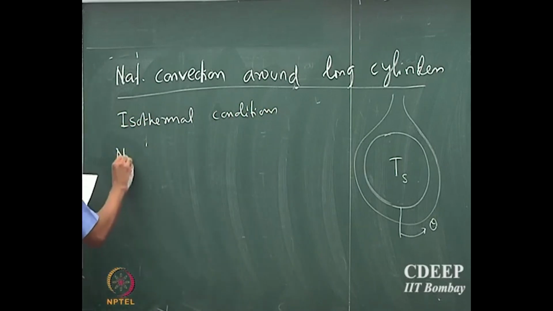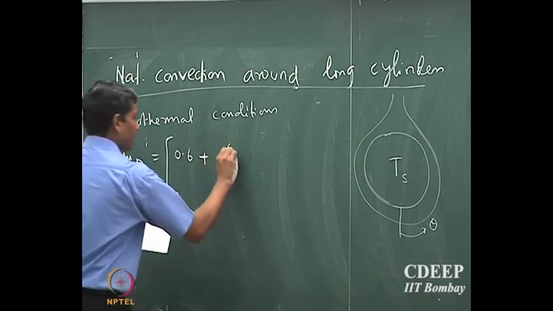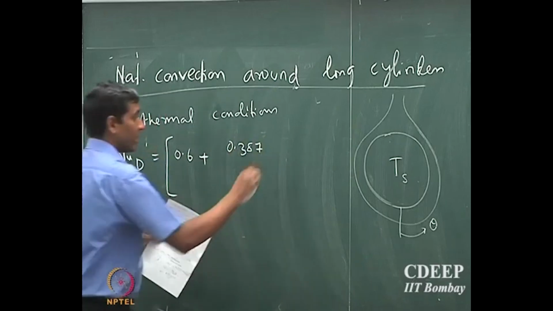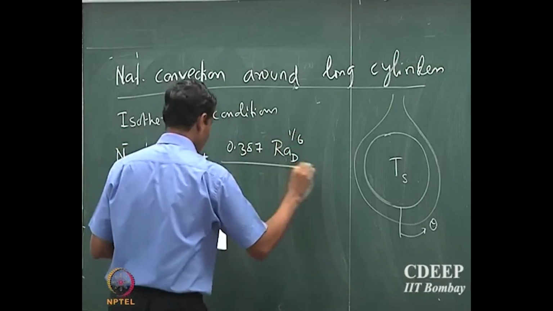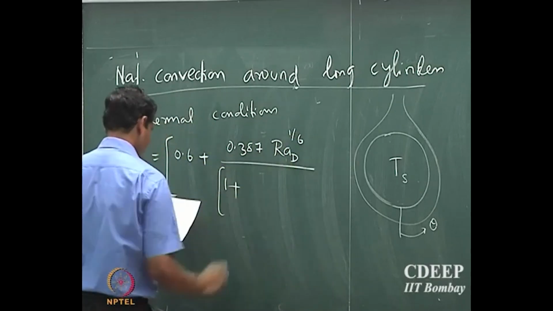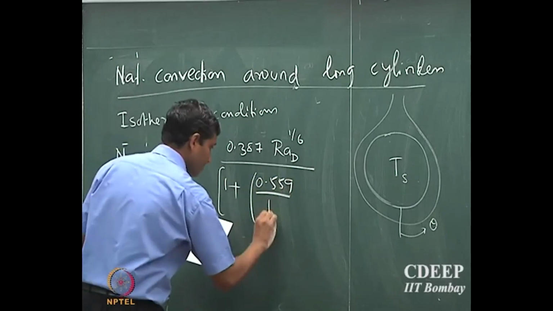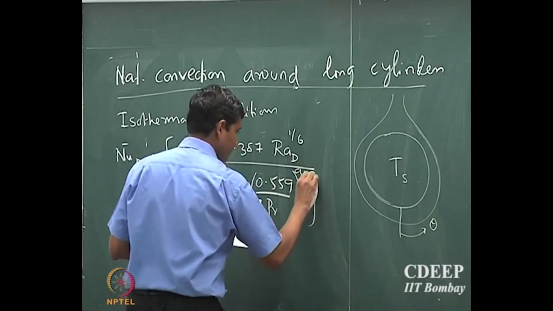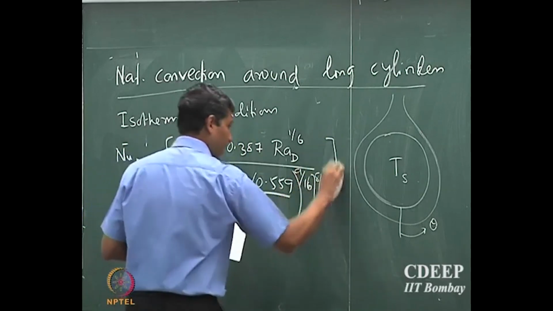Then the Nusselt number based on the diameter is given by 0.6 plus 0.387 times the Rayleigh number to the power of 1 by 6, divided by 1 plus (0.559 divided by Prandtl number) to the power of 9 by 16, all to the power of 8 by 27, and the square of it.